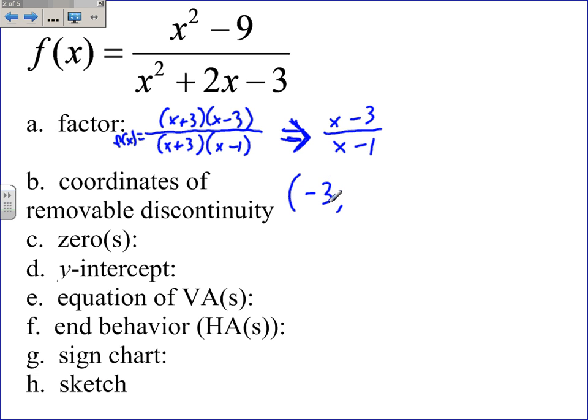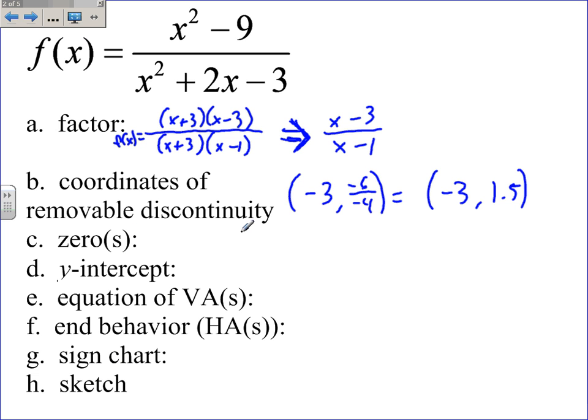So if I plug in negative 3 into this function, that would be negative 3 minus 3, which would be negative 6, over negative 3 minus 1, which is negative 4. So that removable discontinuity would be at negative 3, 1.5. There you go.